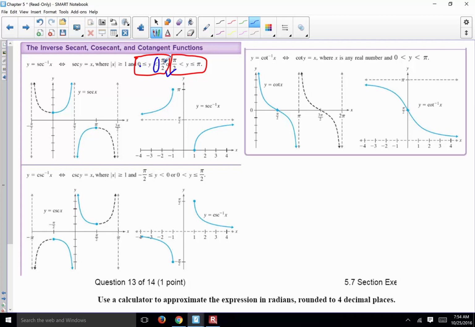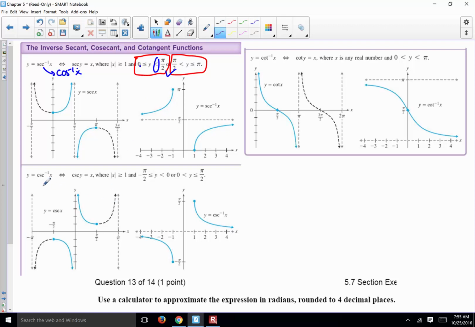We never step on 90, and then we continue after 90. So arc secant is just like cosine inverse. However, the difference is cosine inverse is the entire range of values from 0 to 180, but secant inverse is skipping that 90, the middle value.